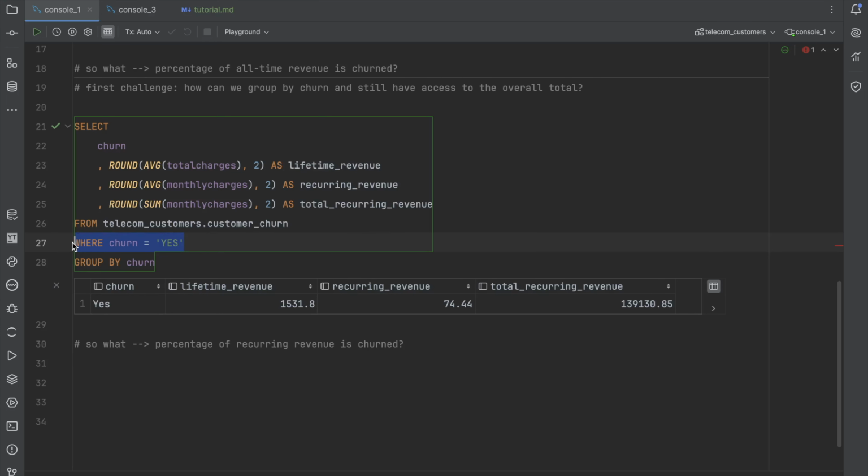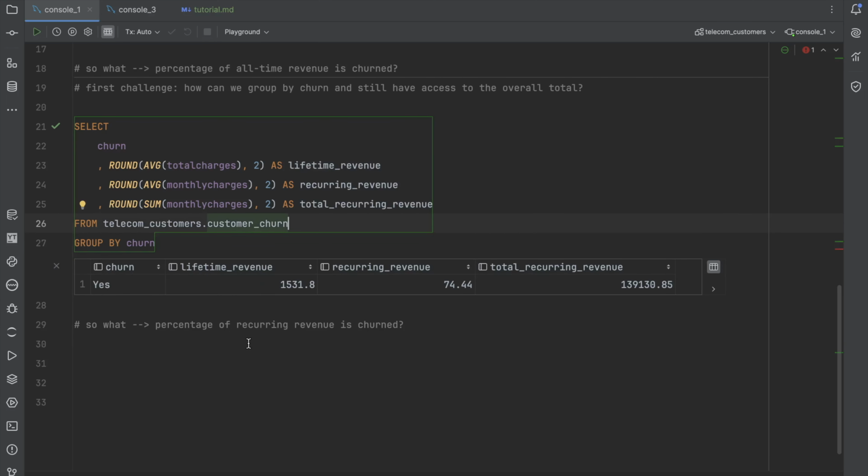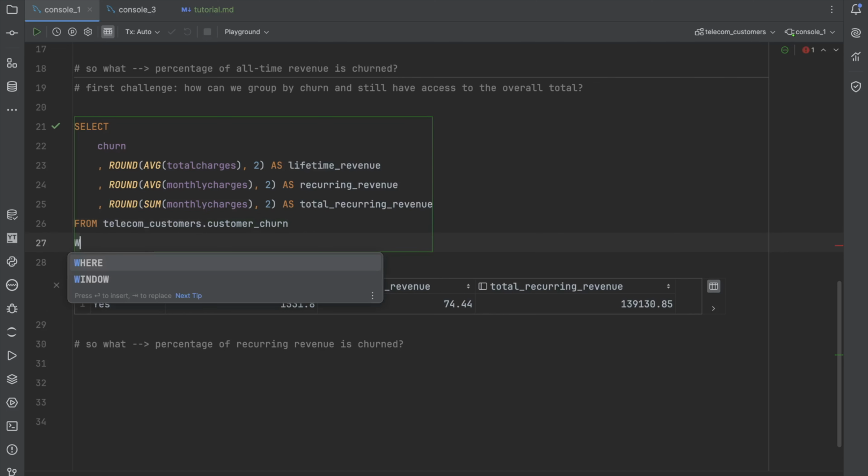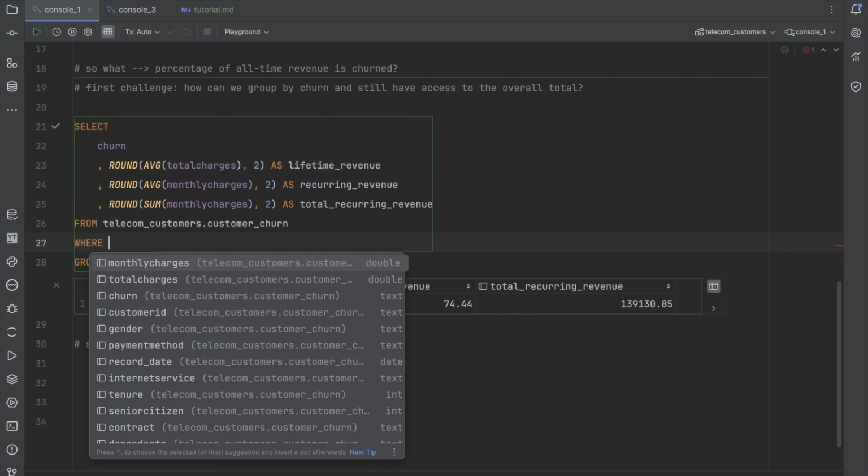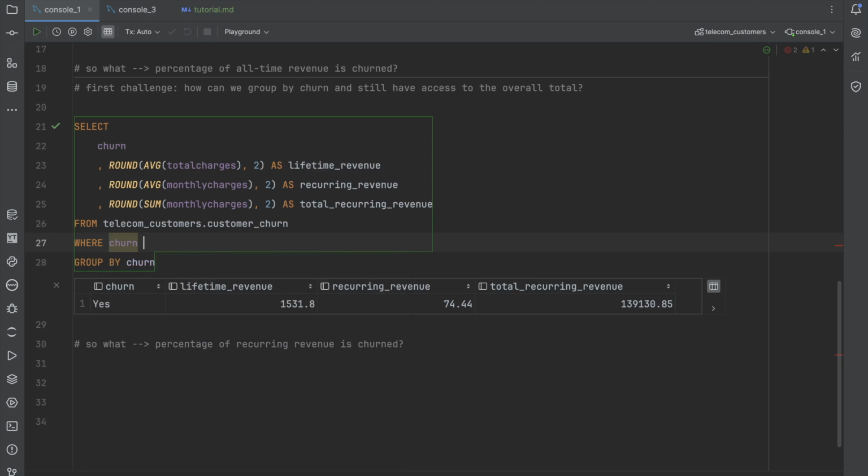So something we'll dive into further in the next video is how we target filtering some of these metrics without doing something as dramatic as completely throwing out all of the data for, for example, customers who did not churn.